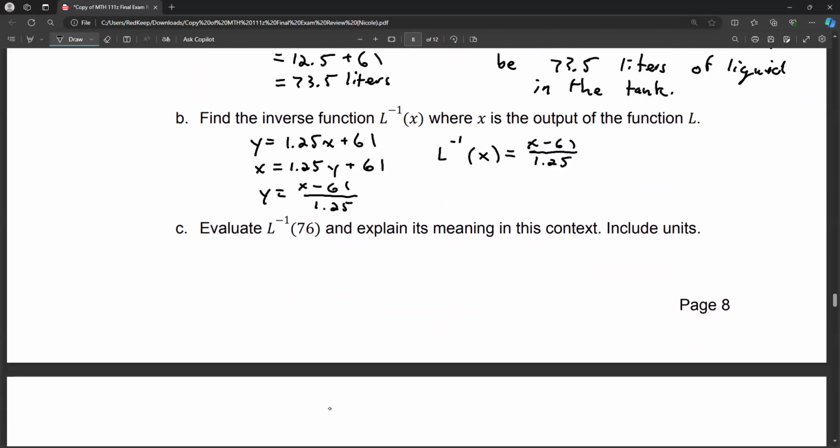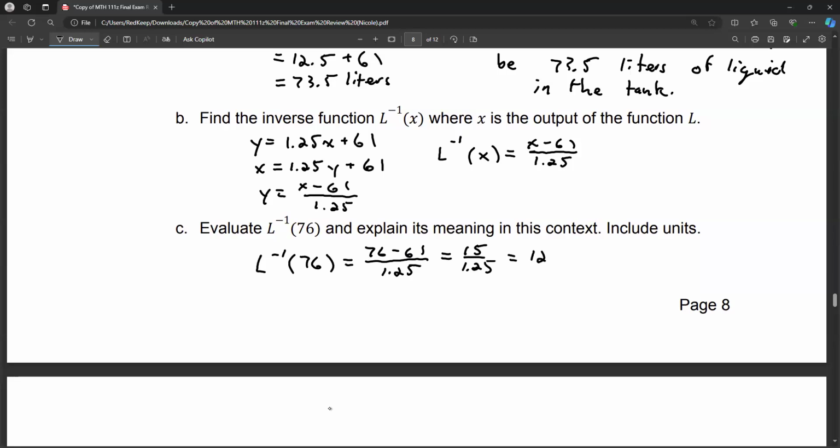Okay, so now in part C, they're asking us to use this inverse and plug in 76. So this is equal to 76 minus 61 divided by 1.25. I can do the 76 minus 61 in my head fairly easily. It's equal to 15. I might grab a calculator for the next part. 15 divided by 1.25, I think happens to be 12.